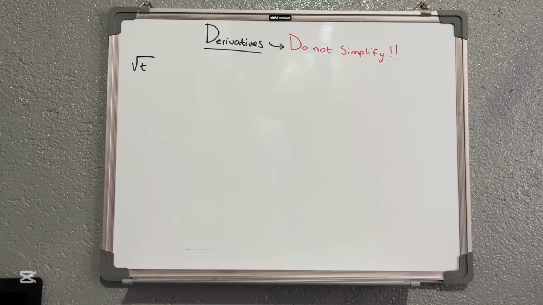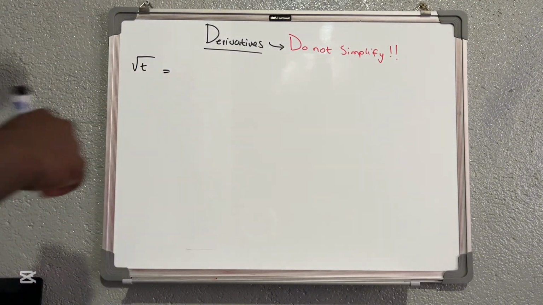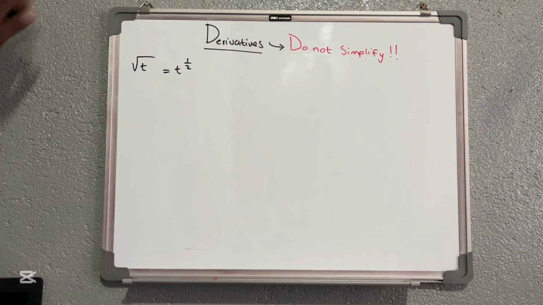Do I have any other rule in derivatives that tells me specifically to deal with square roots? Then you'll realize that actually there isn't. Now the second step is to try and rewrite whatever you are given. We know root of t can be rewritten as t to the exponent 1 over 2.